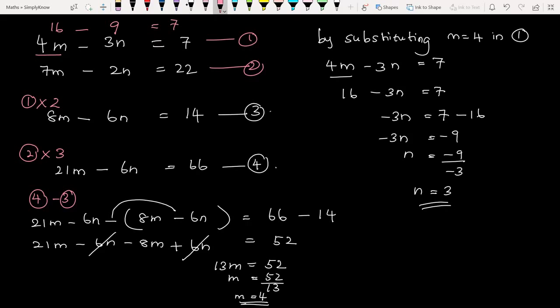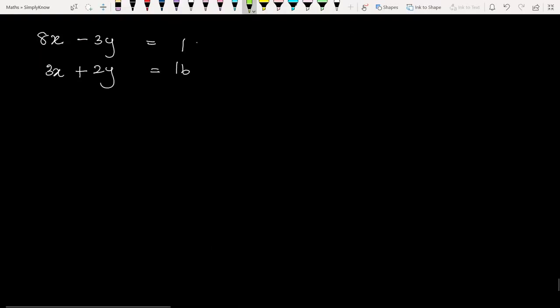One last pair of simultaneous equations. This is the first equation, the second equation here. Now, again, the coefficients of both unknowns are not similar. So I'm going to equate the coefficients of y.